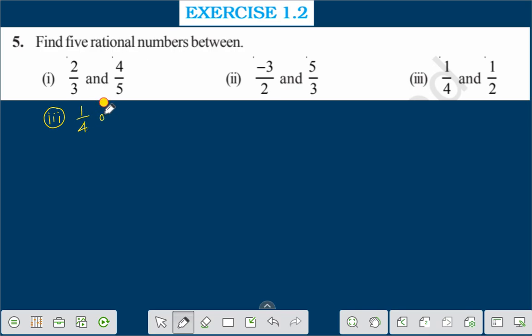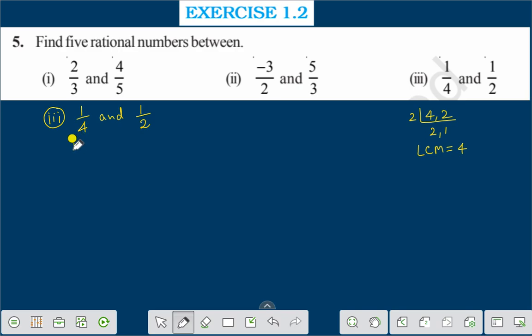First of all, we have to find the LCM of 4 and 2. Divided by 2, 2 to the 4, 2 1 is 2. Therefore, LCM is equal to 4.